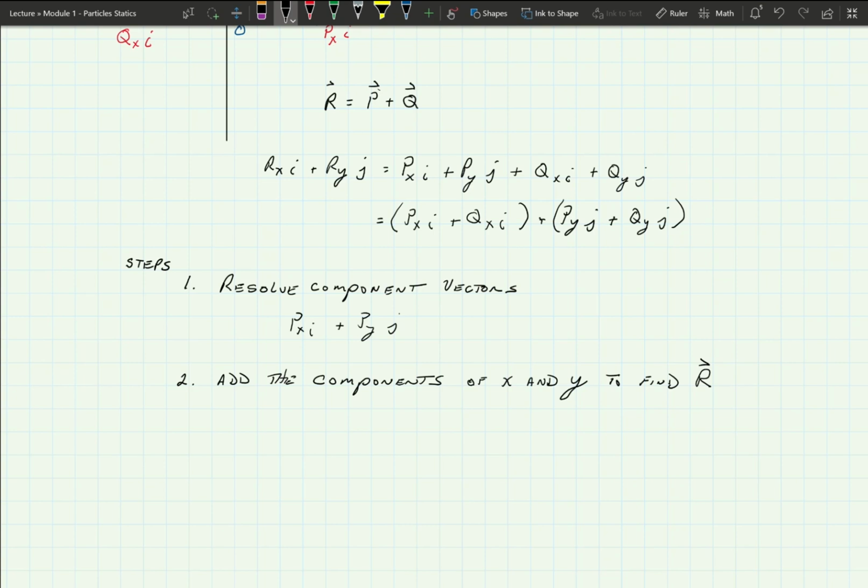And then the last bit is once you get the R components, step 3, use... I'm going to write this out.